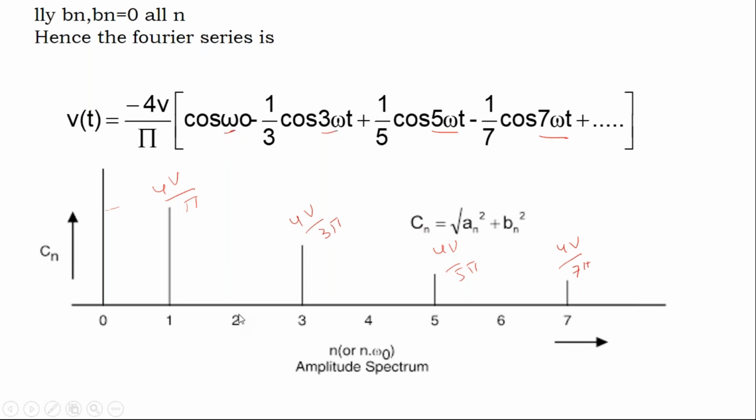When n equals 2, you get 2 omega. When n equals 3, you get 3 omega, then 4, 5. That's the reason on the x-axis I have n omega components. On the y-axis, I consider the amplitude part. But when considering the amplitude, you need to consider the modulus, always the positive values. So that's what the amplitude spectrum is.